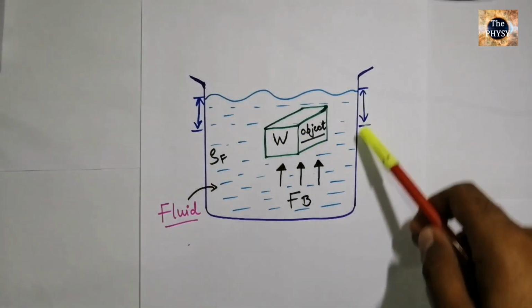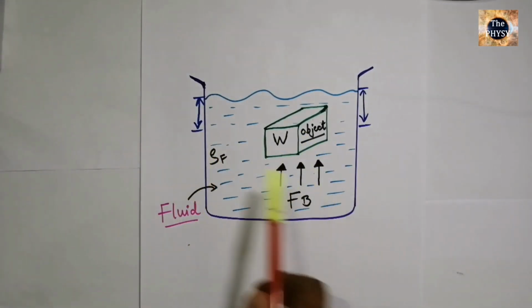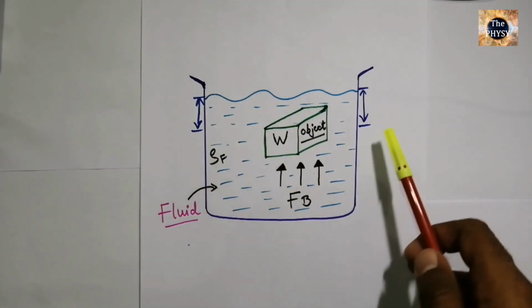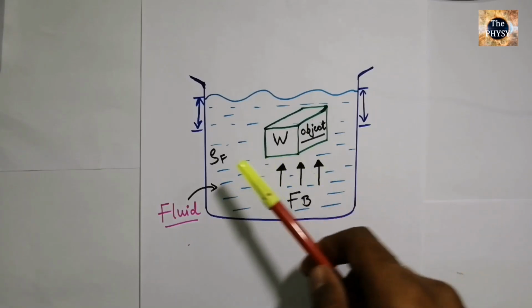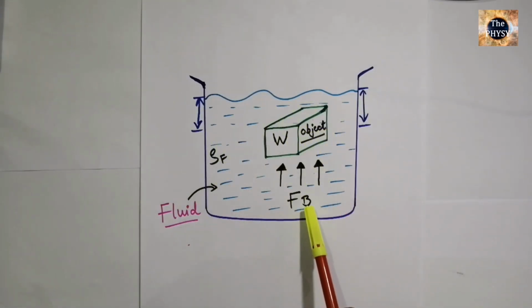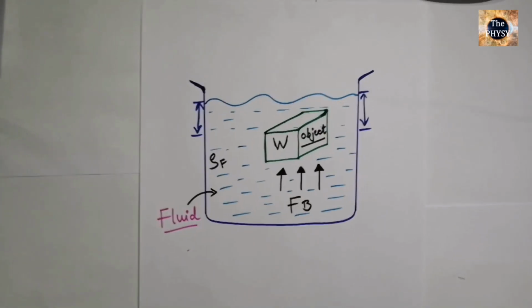Here this is the increment in the level of the fluid, and this much amount of fluid is displaced. So the weight of the fluid displaced is equal to the buoyant force exerted on this body, and this is our Archimedes principle. So guys, this is all about the Archimedes principle statement.